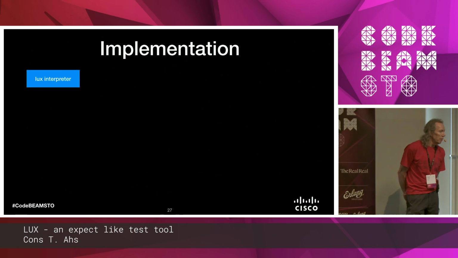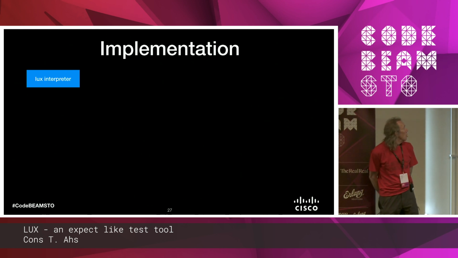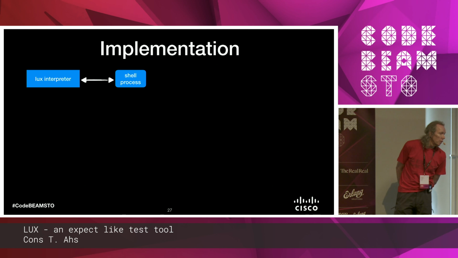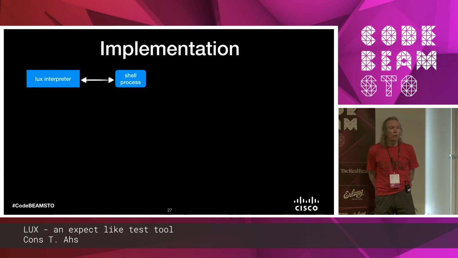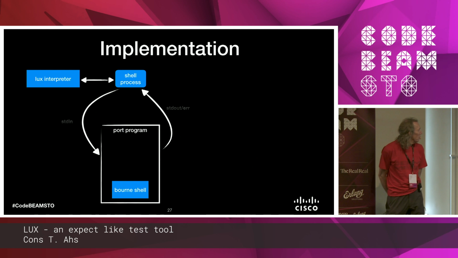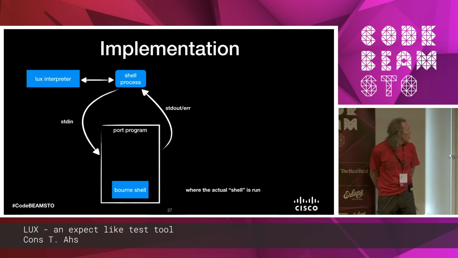And when it sees a shell, it will create a shell process. So this is a man in the middle, there's one process for each shell, and this is a process that will communicate with the shell. That shell process will start a port program, which will start a Bourne shell. And it will connect with standard in and standard out.